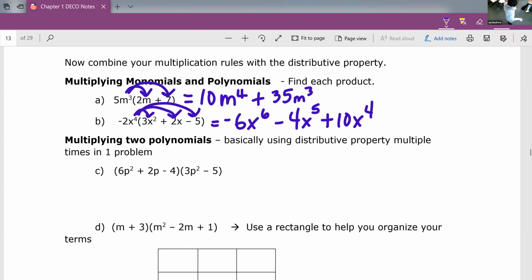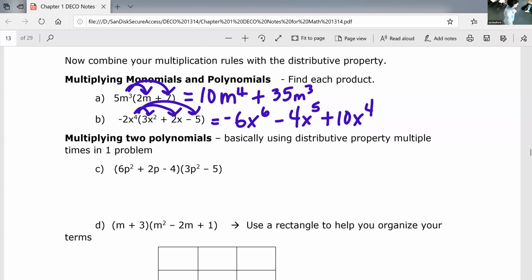And it depends on how many terms you have, how many times you're using the distributive property.